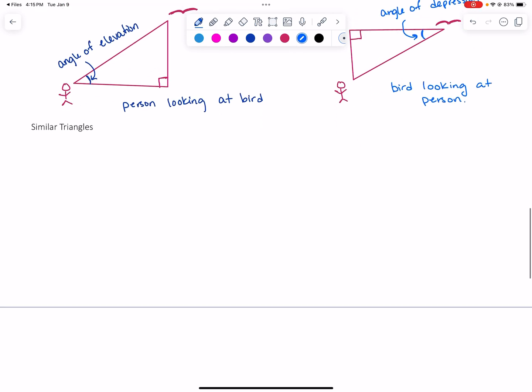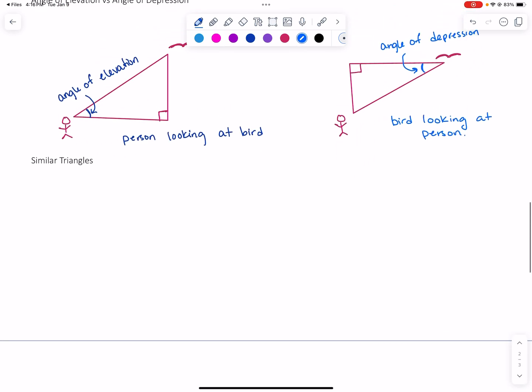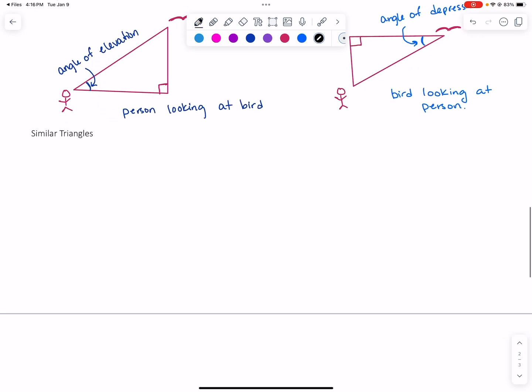The last part about triangles here, of course, is something about similar triangles. And this all depends on how you're setting it up. A lot of times you're going to see things like, hey, we have a building that we're working with, and we also have a person down here.